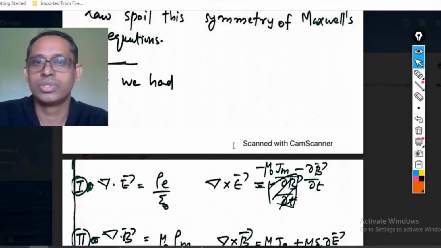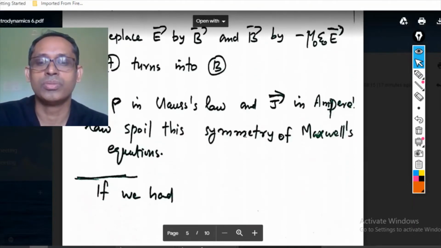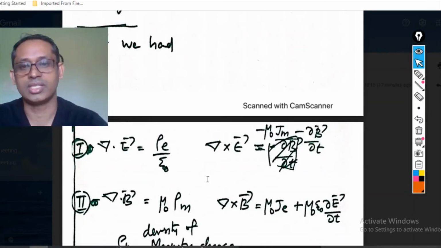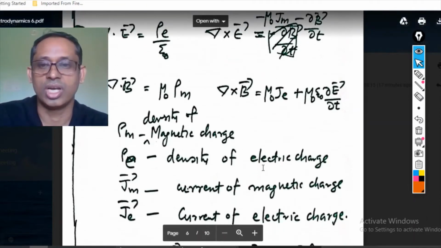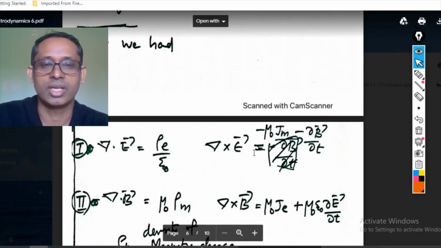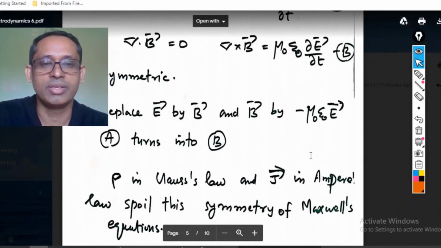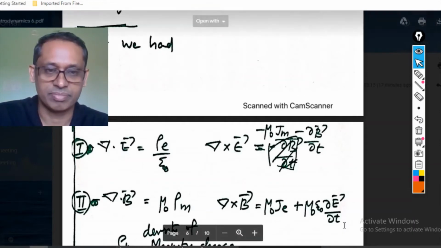Now suppose, in an imaginary situation, we had del dot E equal to rho E by epsilon 0. Rho E is the density of the electric charge, and along with minus dou B by dou t, we had minus mu 0 Jm.